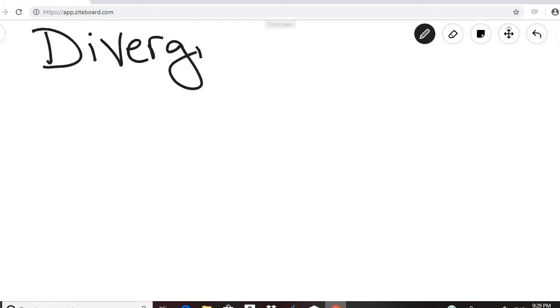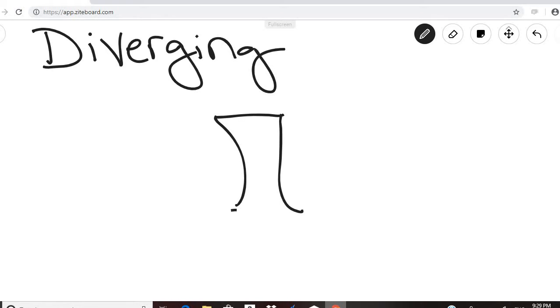Those are converging lenses. Okay, then there is another type of lens that is called a diverging lens. And what a diverging lens does, so they're shaped differently. They're shaped more like this.